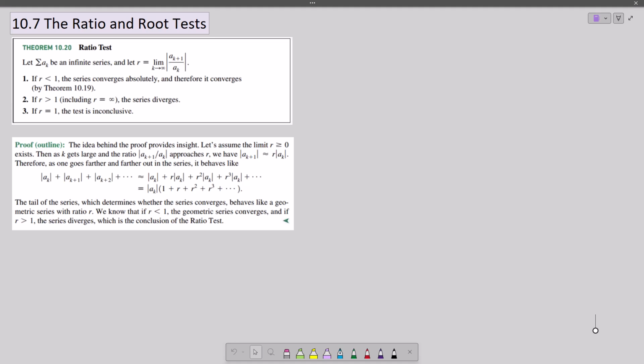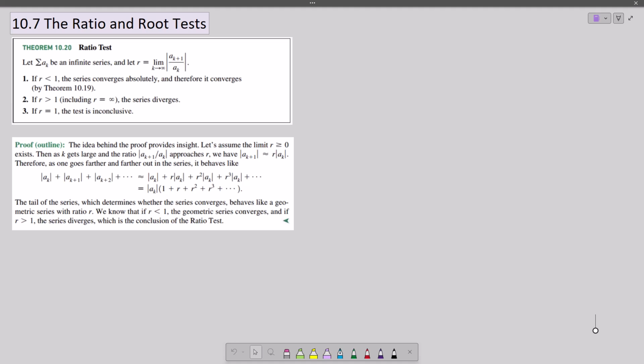So the ratio test says this. We've got an infinite series. The a's could be positive, could be negative. If it were an alternating series, a lot of times we pull out that switch and analyze it without the switch. Doesn't matter here because we're going to take absolute values regardless.